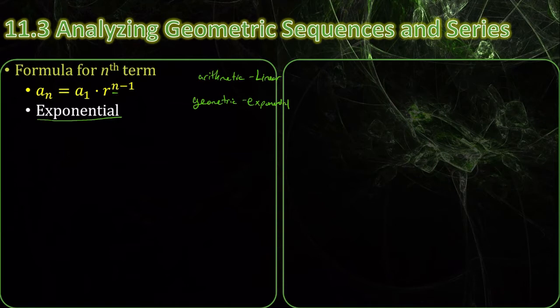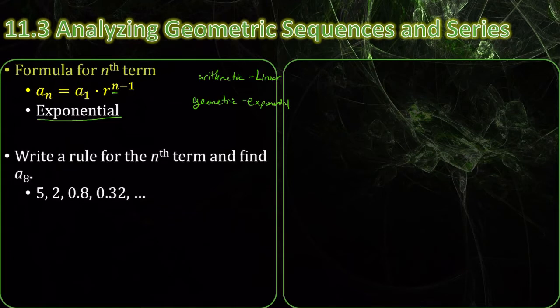Remember that. That'll help you on your test when you need to figure these things out. You can just look and see, oh, it's arithmetic, and you're trying to do a sum. Or if it's exponential trying to do a sum, then it's geometric.